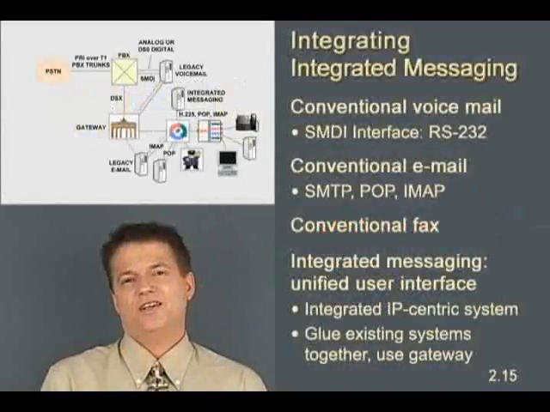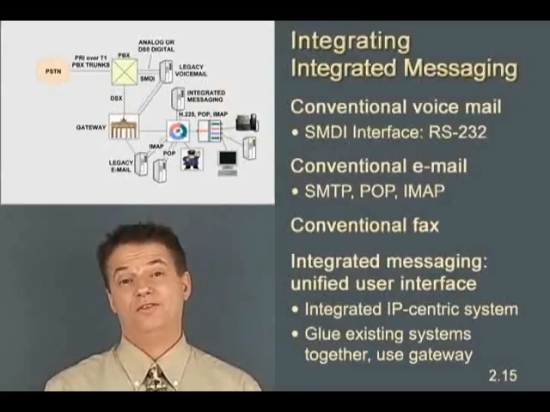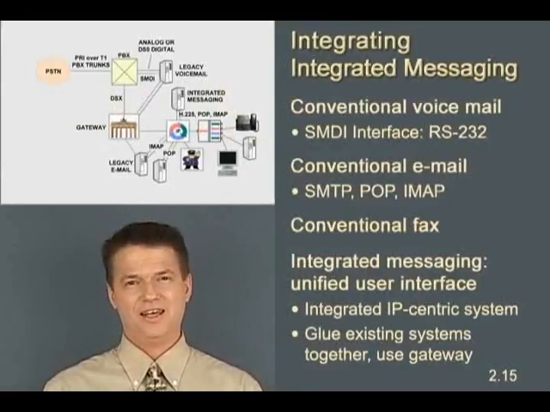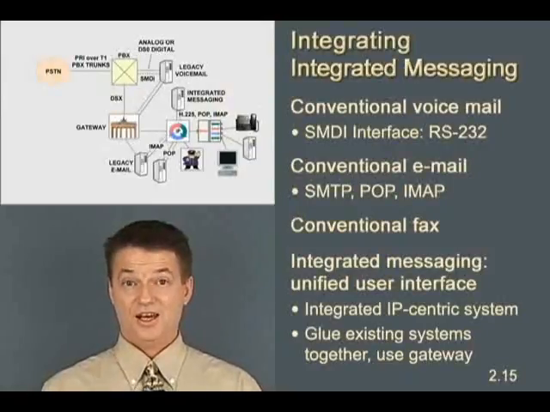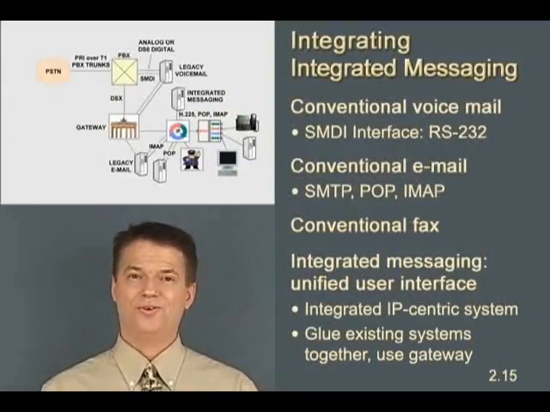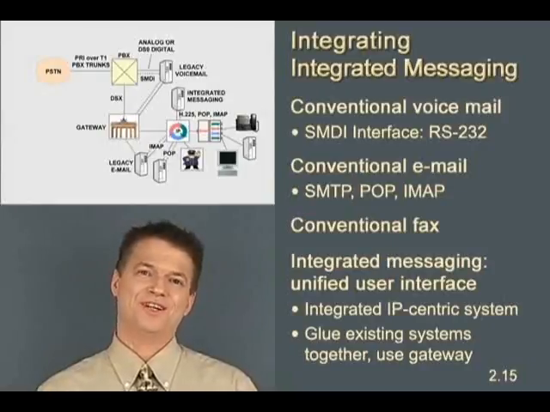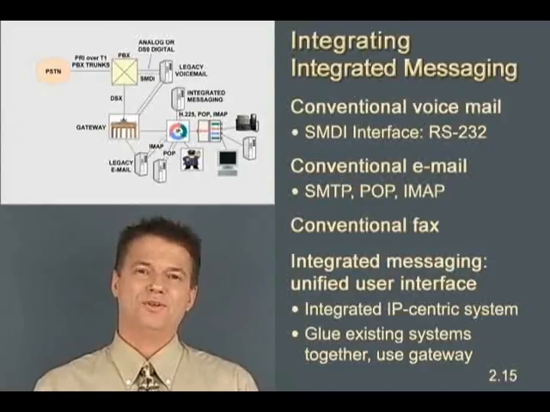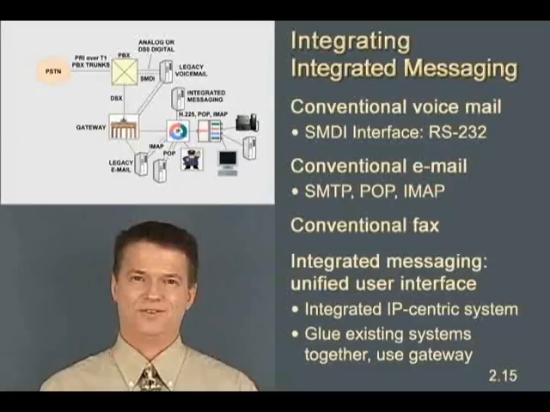You can start to think that we have to do gateway functions at this point. Remember, a gateway is a device that does protocol conversions. And you can think right now, one of the protocol conversions a gateway is going to have to do is to convert between different email servers.